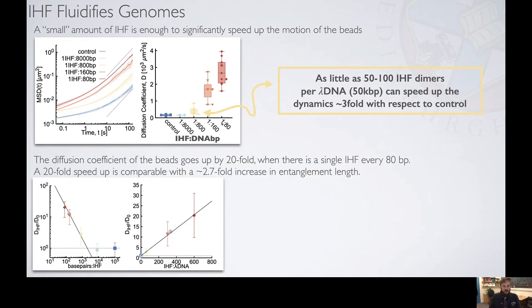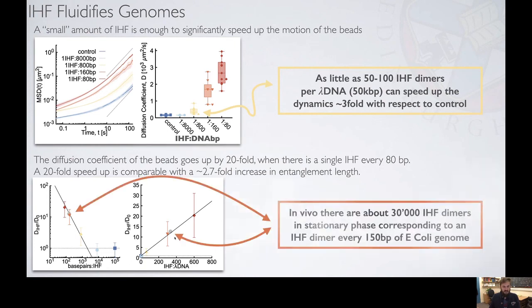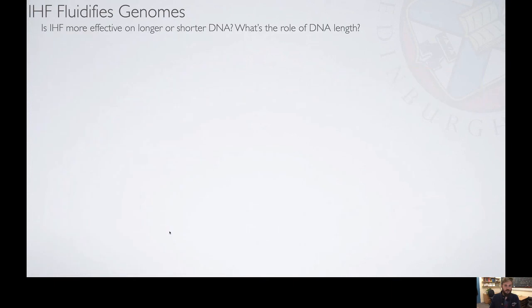By the time that we add 1 in 80 base pairs, the diffusion coefficient goes up by a factor of 20. Another interesting thing is that if you calculate how many IHF there are in vivo, you find that there are 30,000 IHF dimers in stationary phase, which corresponds to 1 per 150 base pairs of the E. coli genome, which places the system exactly there, which is quite interesting.